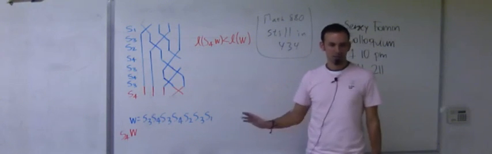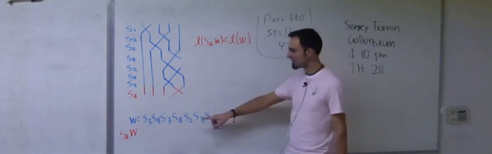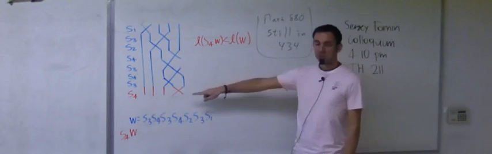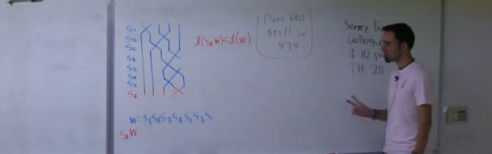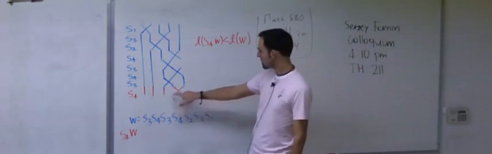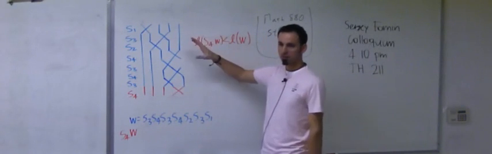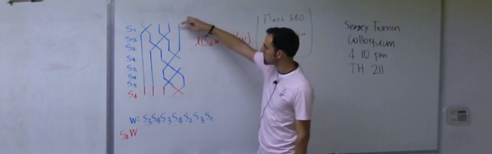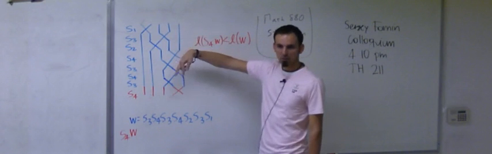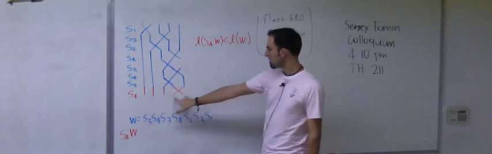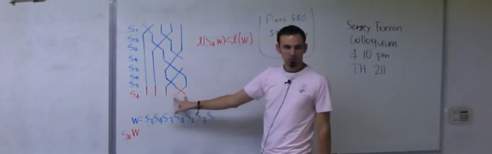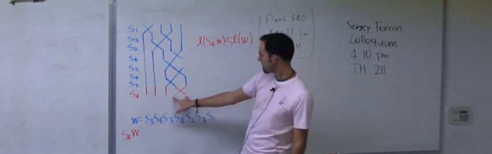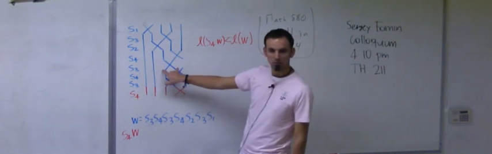It'll take a while, and you can try to write these in terms of generators in the shortest way possible. I claim that an easier way is just to stare at this diagram. Because you see, we said that the length of an element is just the smallest number of crossings that you need for the wires. What did I do by multiplying by S4 at the left? What I did is that I crossed again two wires that had already crossed here.